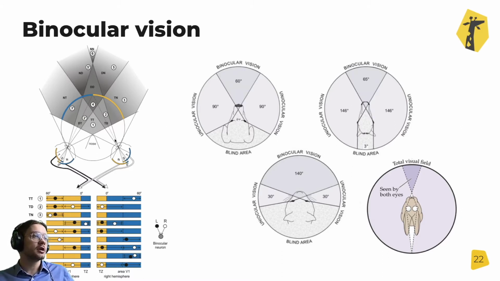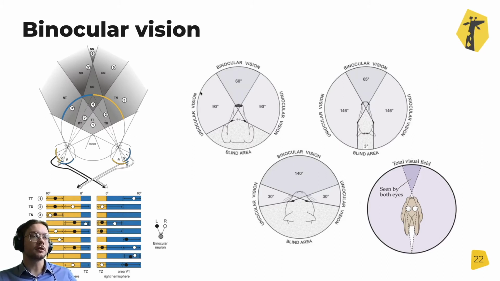Binocular vision, here you have some fields of view depending on where we look, our gaze direction, and this is how our binocular neurons operate on different parts of this field.